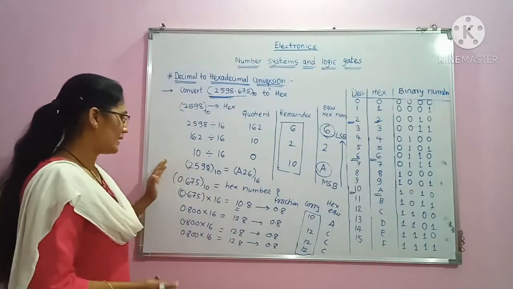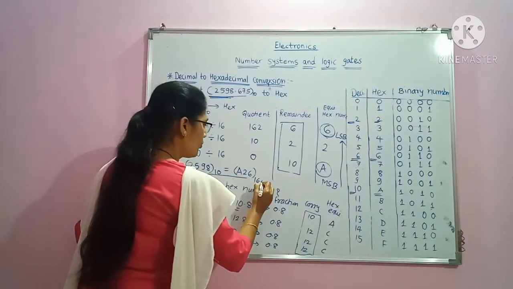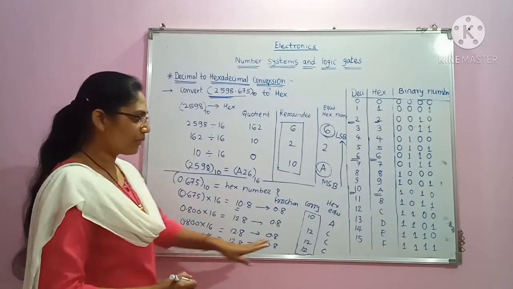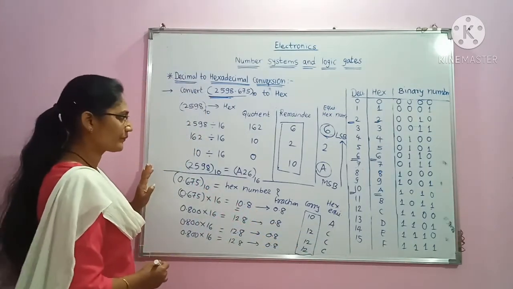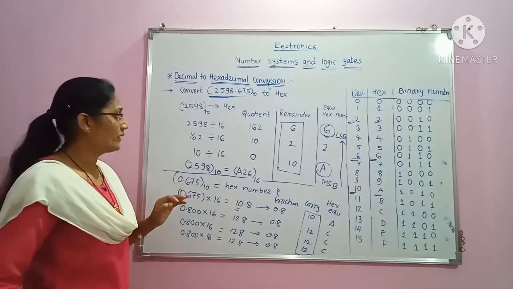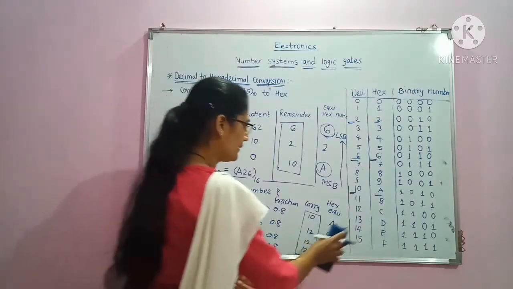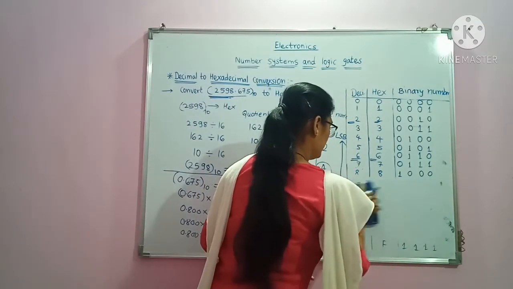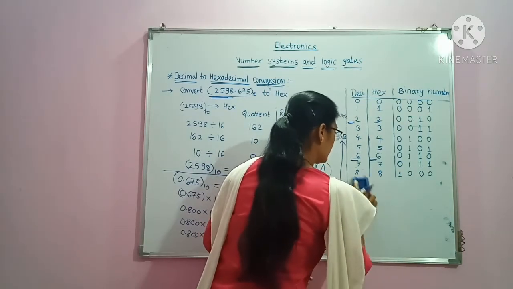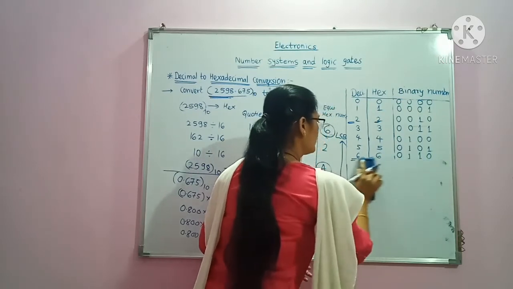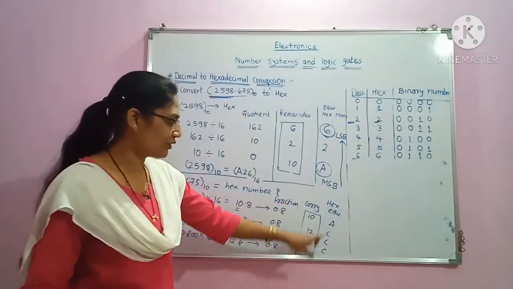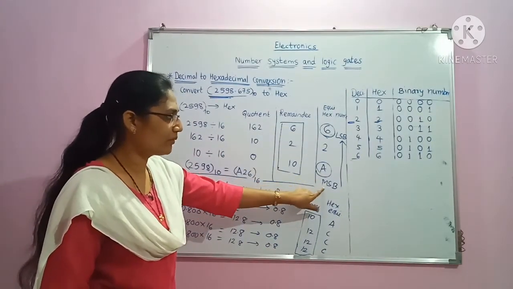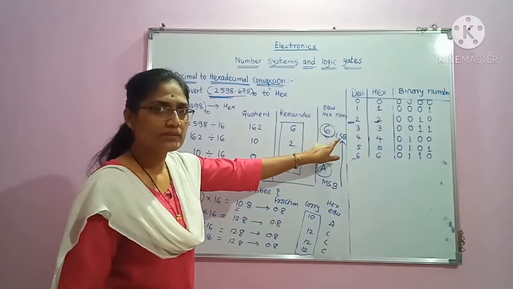As it is a fraction part, while writing an integer part, this has become the more significant bit, and this has become the least significant bit.